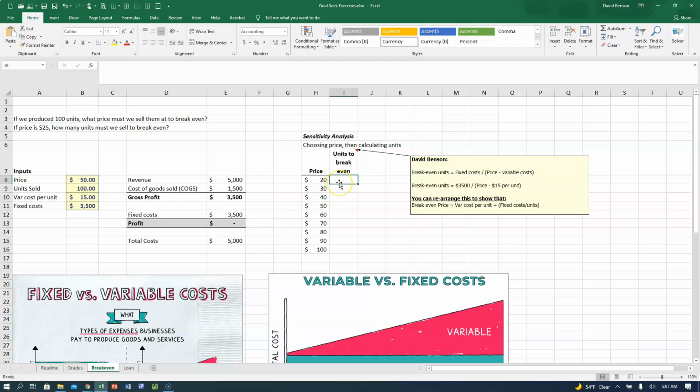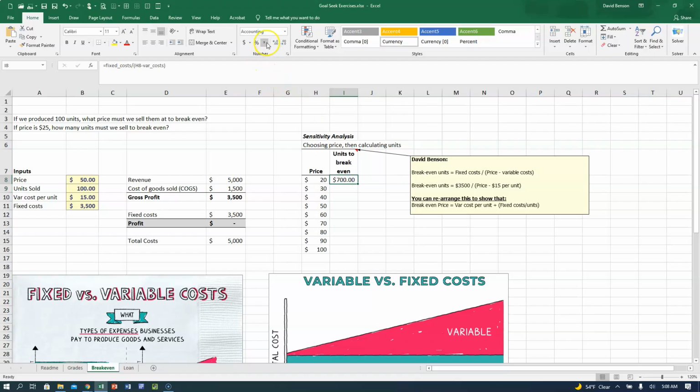So I'm going to go ahead and do this. I'm going to say it's equal to fixed costs divided by the $20, this price here, minus the variable costs. Fixed costs divided by this price right here minus my variable costs. So I've recreated this formula.